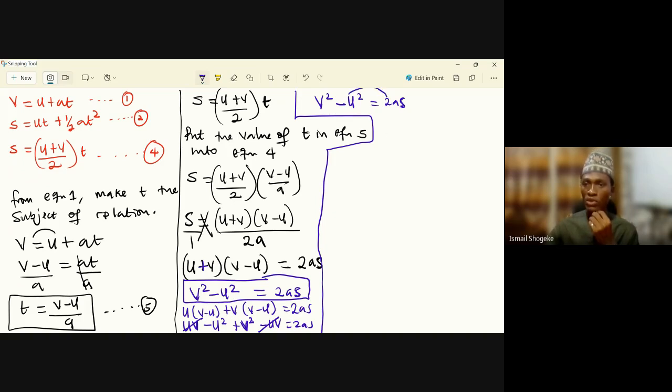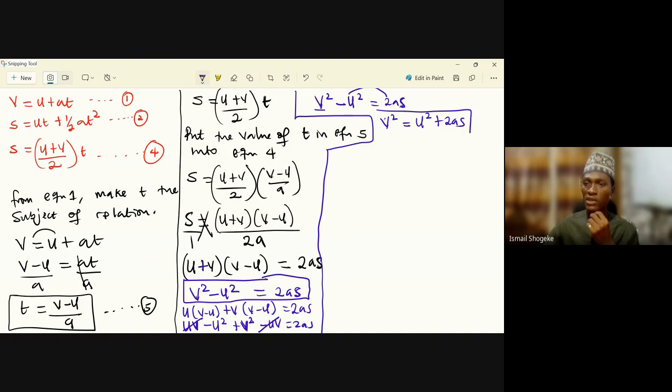Now let's move U squared to this side because we want V squared to stand alone. So I have V squared is equal to, it's a negative U squared, but when it crosses, it becomes a positive, U squared plus 2AS.